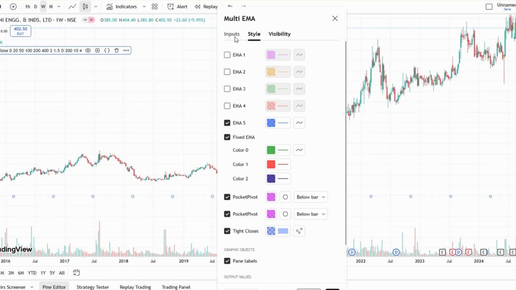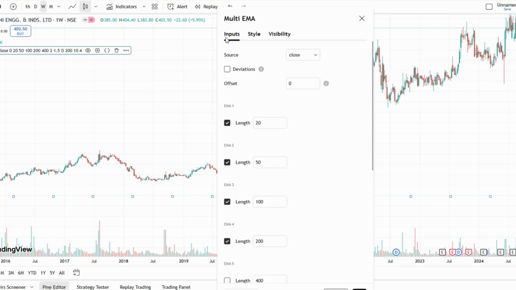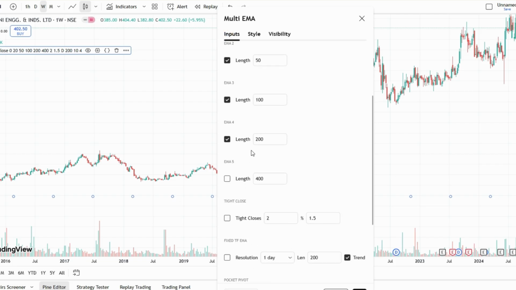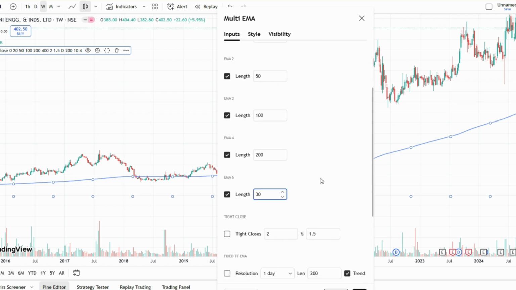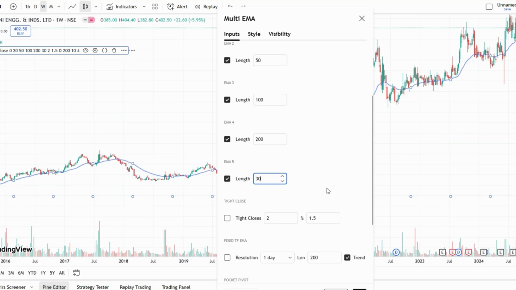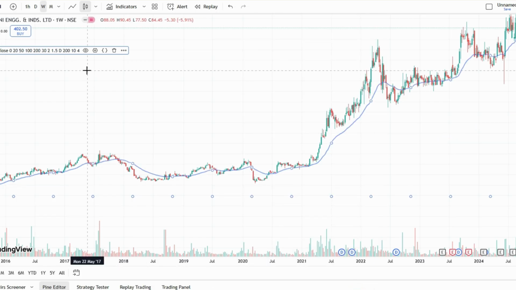I'm disabling all other EMAs, so I'm having only EMA 5, which will be the 30-week moving average. Okay, so we have put the 30-week moving average.